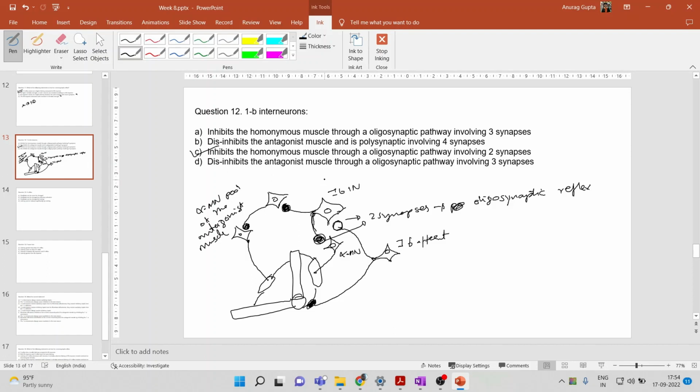This part here is inhibiting the inhibition of the antagonist muscle, so that is called disinhibition. So the answer is disinhibits the antagonist muscle through an oligosynaptic pathway involving 3 synapses. We can see 1 synapse here, 2 synapses here, and the third synapse here. So the answer is C and D.